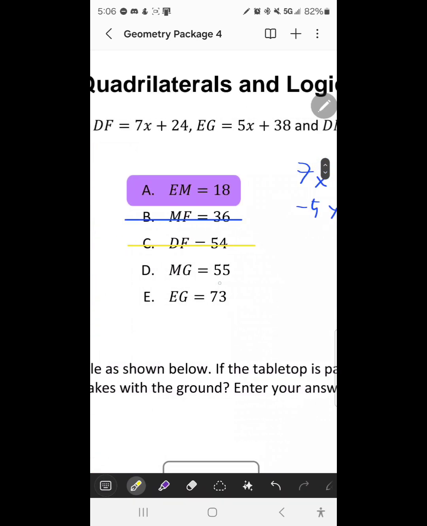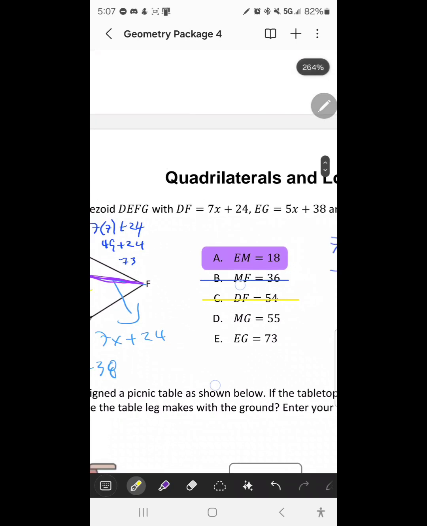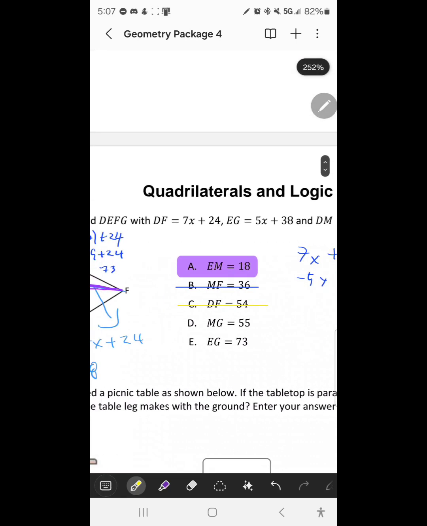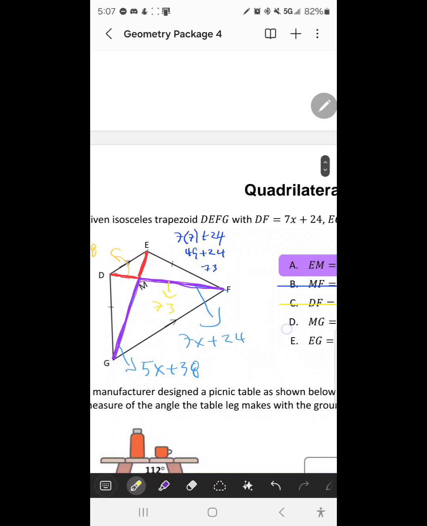MG equals 55. Wait, let me see something. DF equals. Okay, I labeled this wrong. Or maybe I put this color over this. I think that I did all purple first.